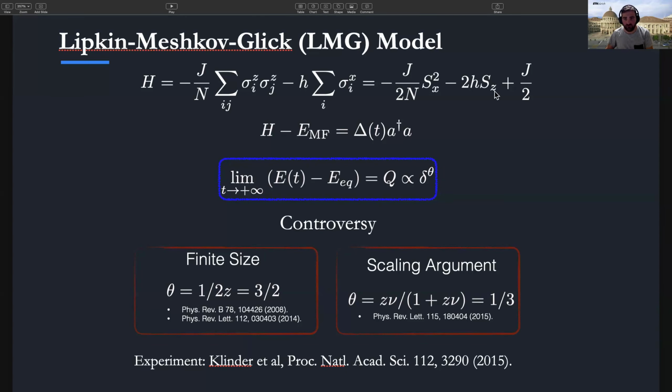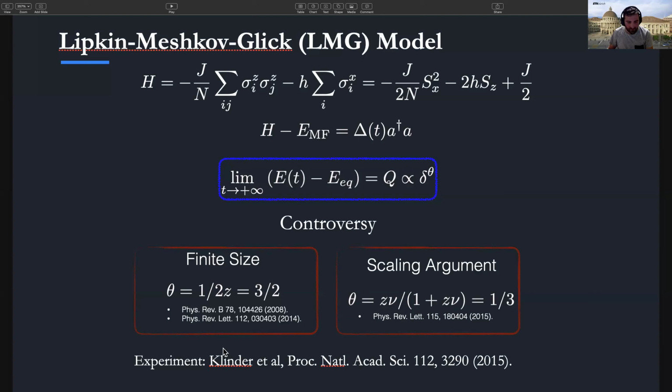Since the quantum phase transition of these models is of the mean field type, the value of the critical exponent zν, the multiplication of the dynamical critical exponent z and the correlation length exponent ν, is not 1 as in the Ising model, but it's 1/2.